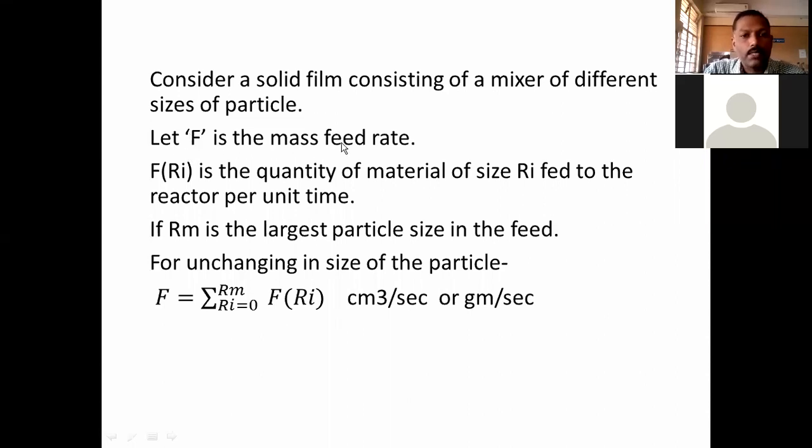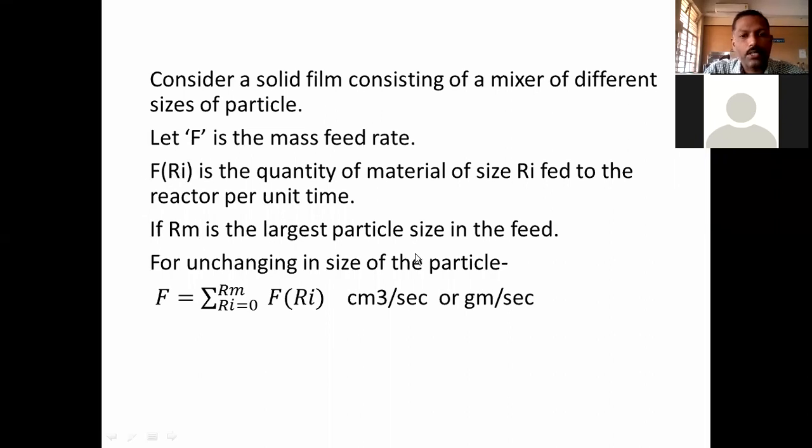So the individual mass feed rate of the particle, suppose any size Ri, so F(Ri) is the quantity of material of size Ri fed to the reactor per unit time. This is the flow rate of an individual particle size.